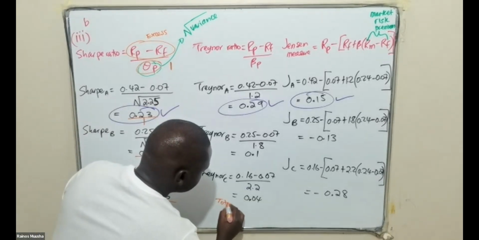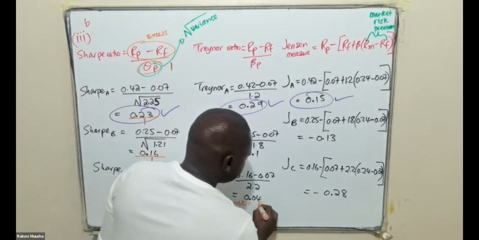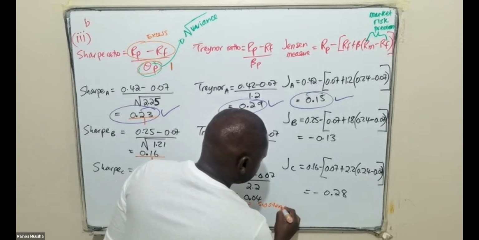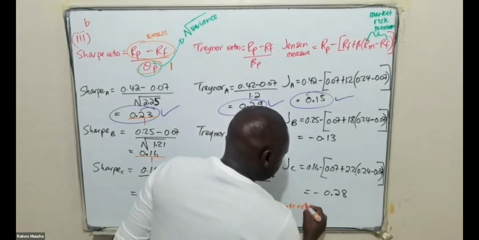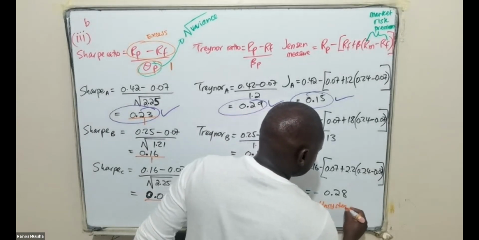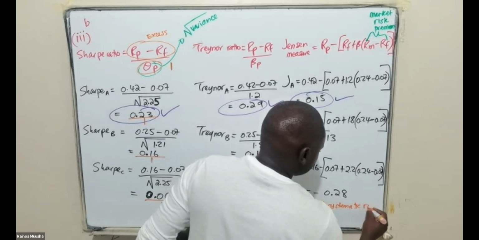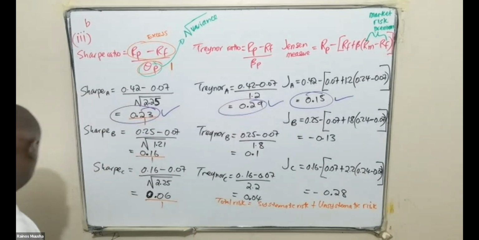So for per unit of total risk, remember we said your total risk is given as systematic risk plus unsystematic risk.